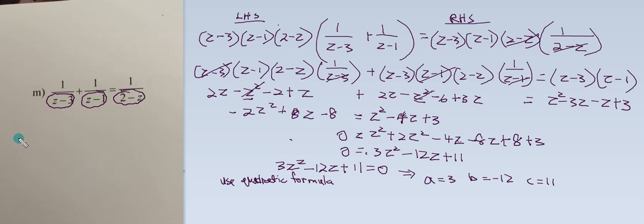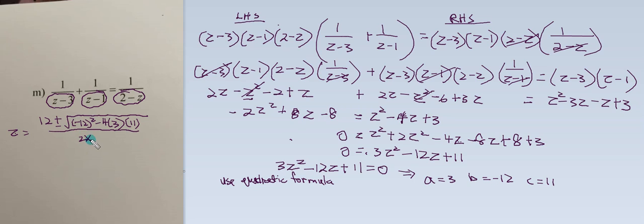So your z value using the quadratic formula, z will be minus b, minus is minus 12, so minus b becomes 12, plus minus the square root of b squared, minus 12 squared, minus 4 times a, which is 3, times c, which is 11, then over 2a.